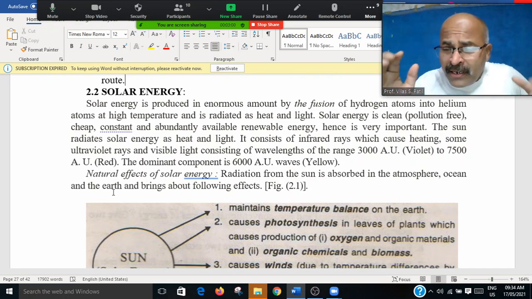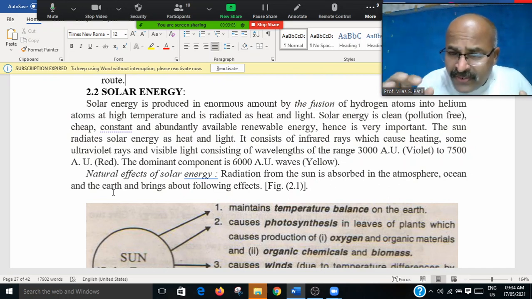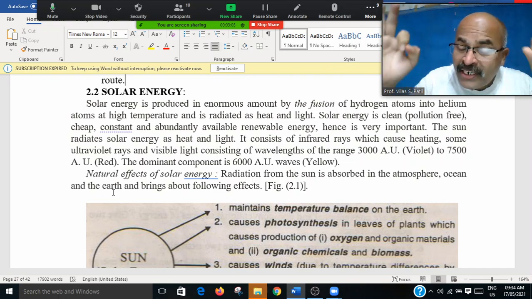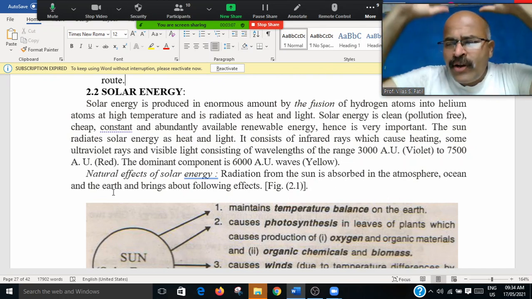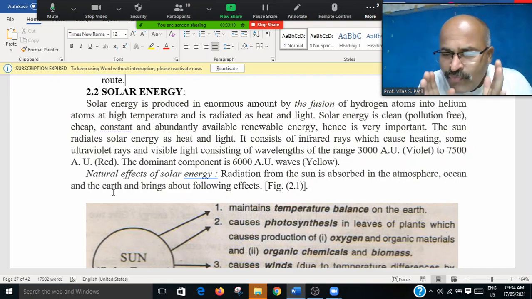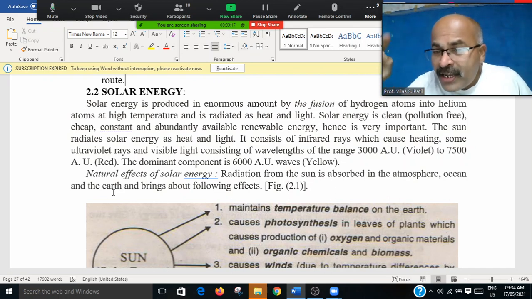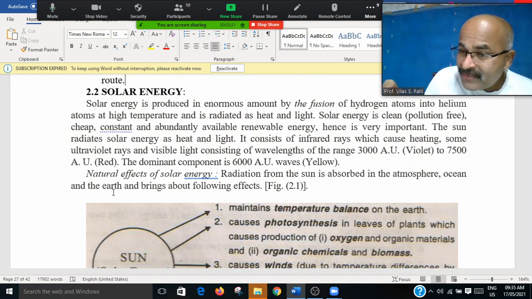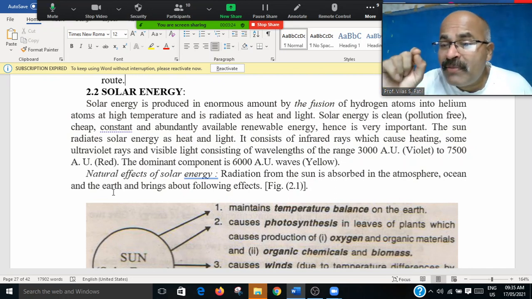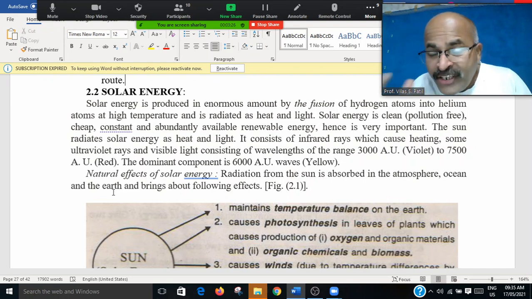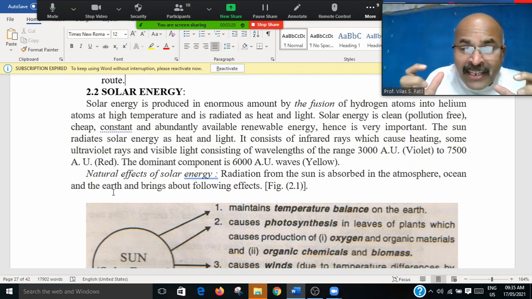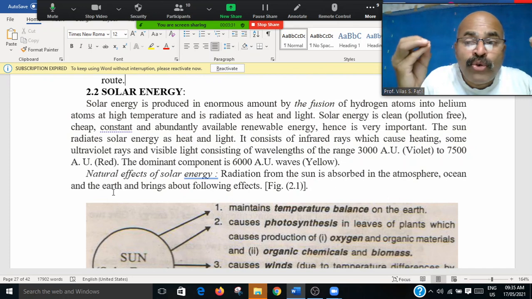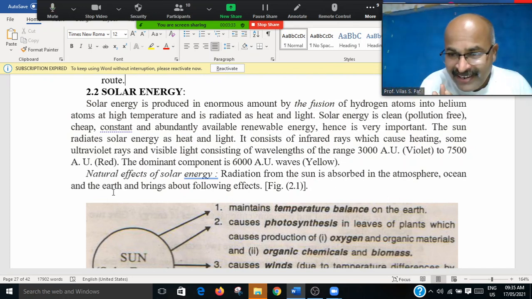Because on the sun surface the fusion of the hydrogen is continuously going on, and in the fusion the hydrogen is converted into helium, and this process is the exothermic reaction. Exothermic means the reaction in which heat is exhausted.